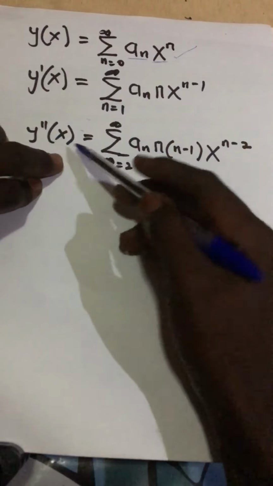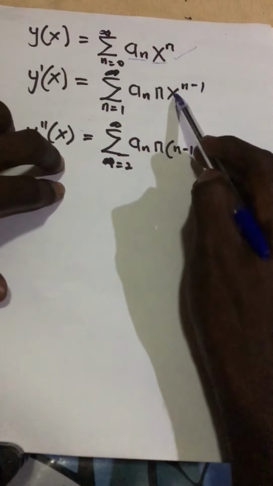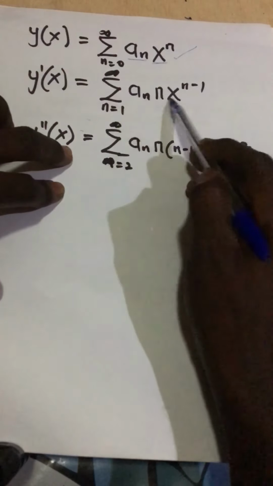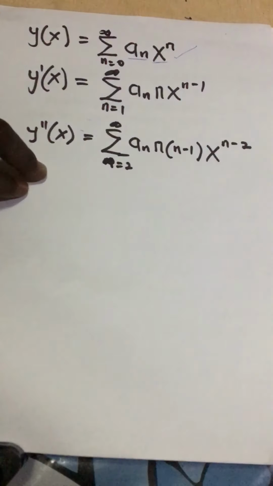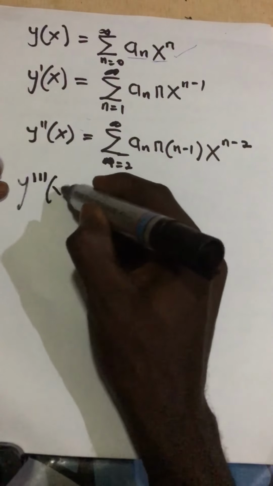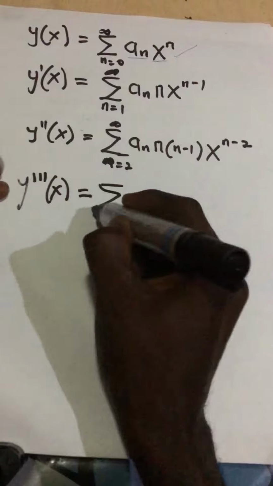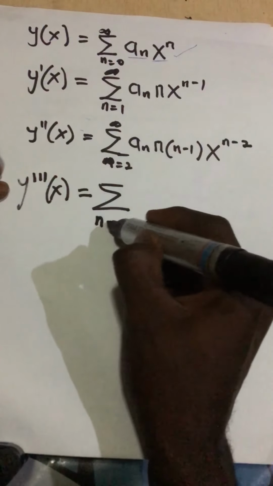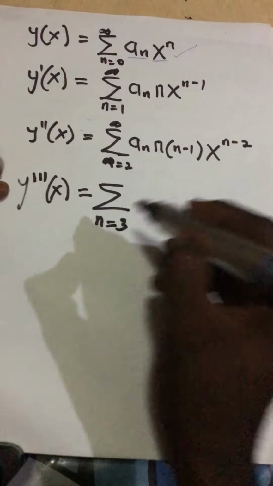When you take the second derivative, this is the first derivative, so we use the exponent to multiply the series, and then we subtract 1 from it. It's the same thing we do when you take the third derivative. It will start from n equal to 3.